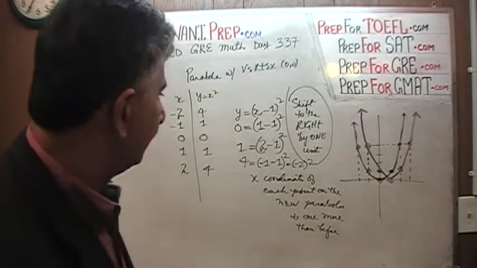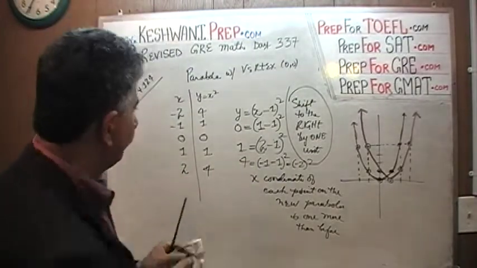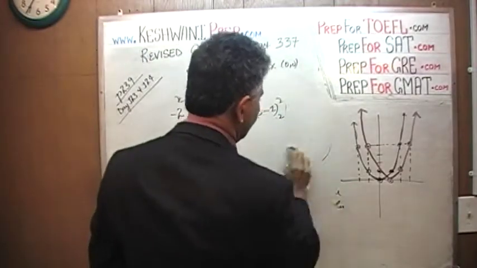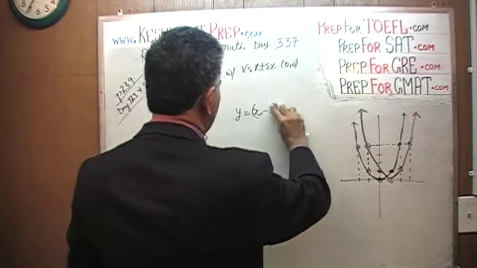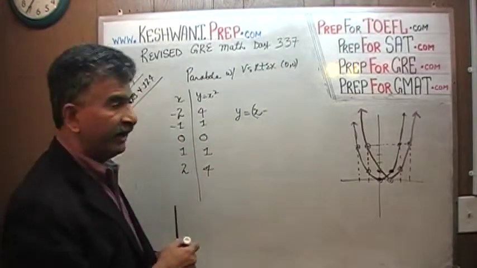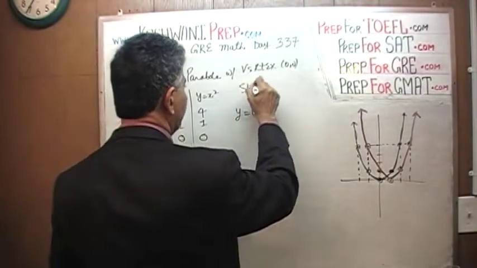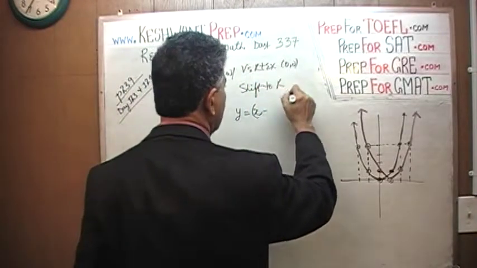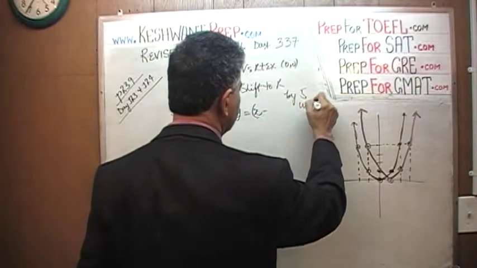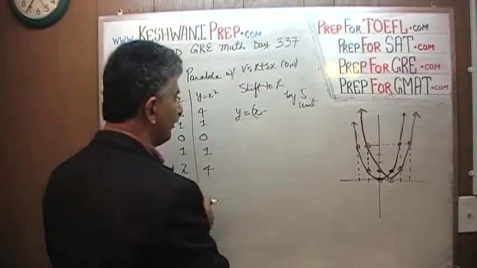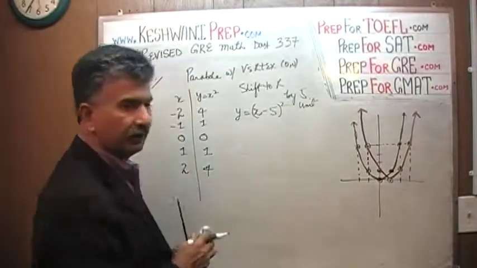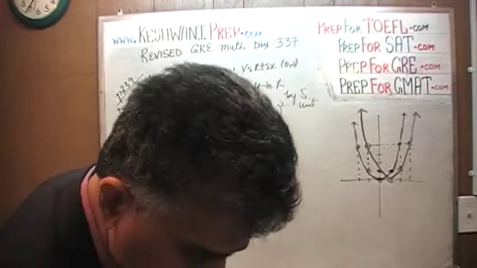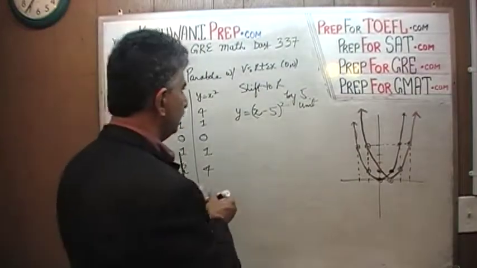Now I need the room here, so I'm going to erase this. Instead of 1 unit, had we shifted it to the right by 5 units, it would have been (x minus 5) squared. Let me change the marker, this one is not as good.